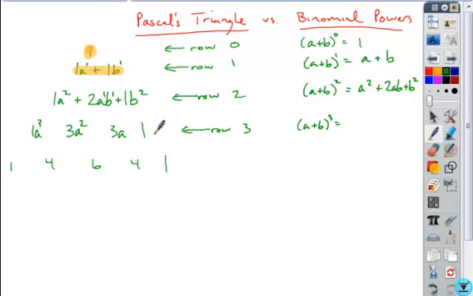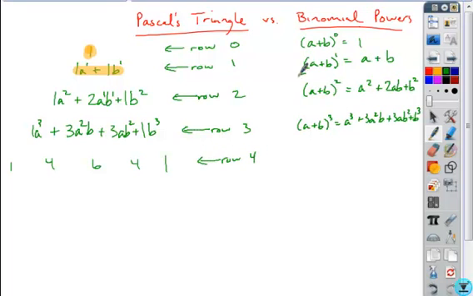For b's, we're doing the same thing, but working from right to left. Start with the highest power, 3, 2, 1, 0. And what we find right here is our expansion pattern of a cubed plus 3a squared b plus 3ab squared plus b cubed.